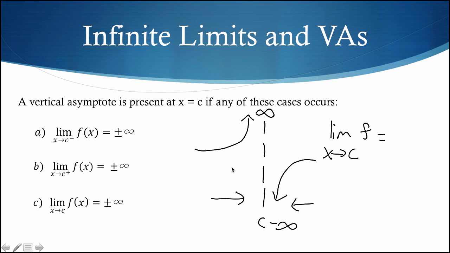Well, remember, for the overall limit we need to evaluate both sides. But since they don't agree as to which type of infinity they're approaching, right? Then we say that does not exist. Okay, so this is kind of important because in the examples that follow, we'll have does not exist. But that doesn't mean you don't have a vertical asymptote.